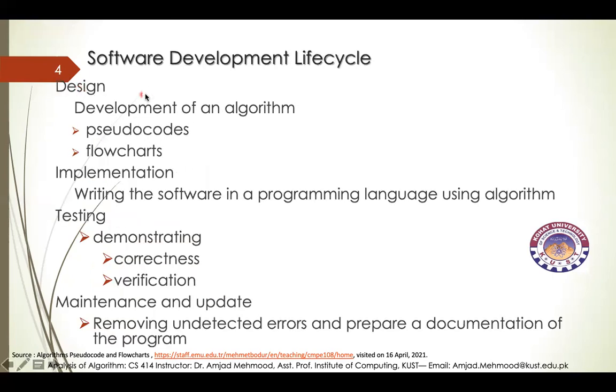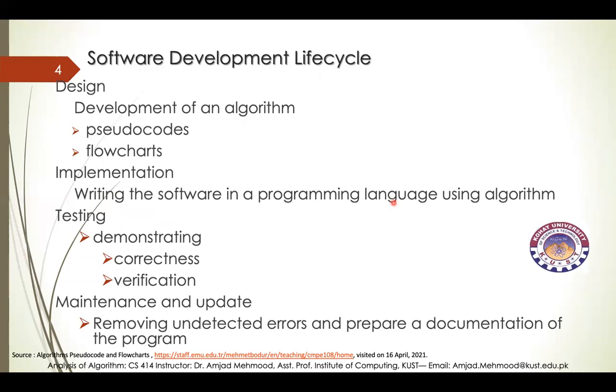And then we have design. In the design we develop an algorithm. And how we develop algorithm? We develop algorithm using pseudocodes and flowcharts. And then we have implementation, writing the software in a programming language using algorithm. For example, now you have algorithm, and you have to convert that algorithm into a specific language, like using C++ or Java.